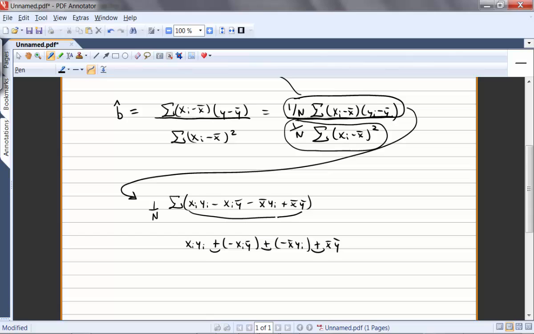Since we have a sum inside here, then the sum of a sum is the sum of the individual sums. It's the same thing, right? In other words, if you take the sum of a plus b plus c, that's the same thing as the sum of a plus the sum of b plus the sum of c, right? So that means that we can pass the summation sign inside across all these terms. So let's do that.